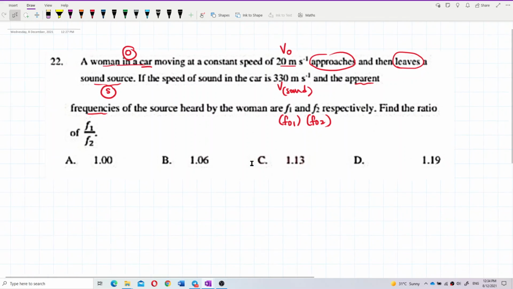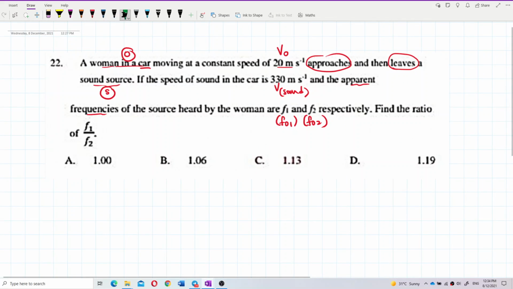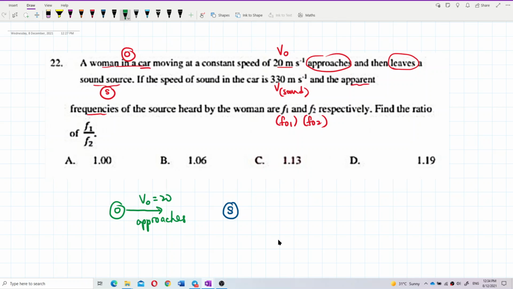Okay, let us draw it out. What's happening? This is the sound source, and then we have the observer moving towards it. This is approaches, observer speed 20.